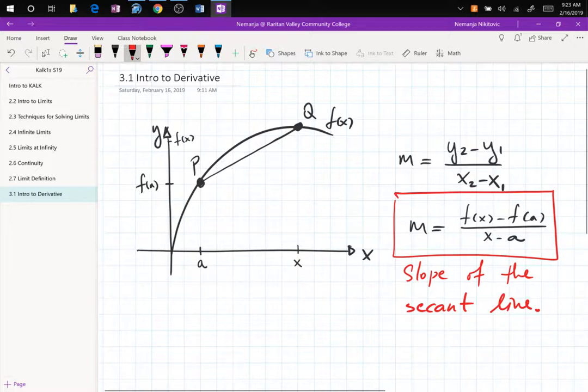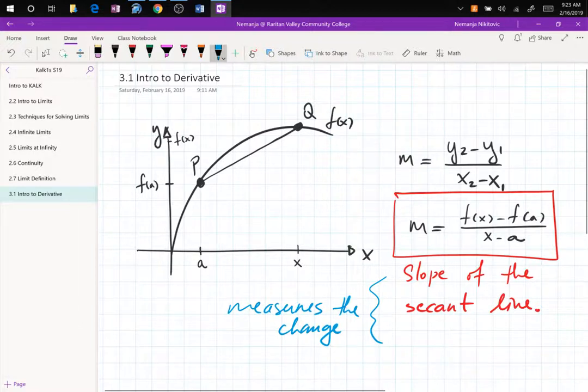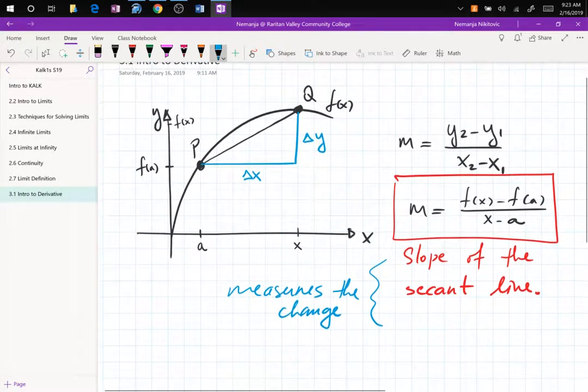Now see, the slope of the line is measuring the change. So this slope here measures the change, because if you draw a triangle like this, you see that there is change in x and change in y.